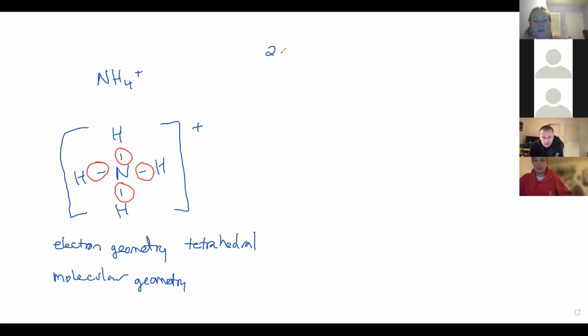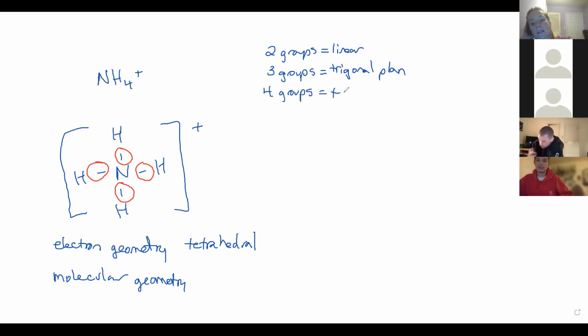Make a note here: 2 groups is linear. 3 groups is trigonal planar. 4 groups is tetrahedral. Okay, so the electron geometry for this thing is tetrahedral.